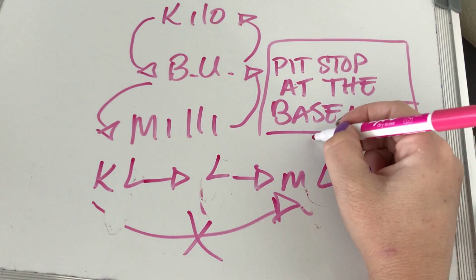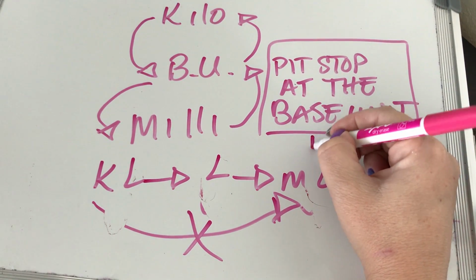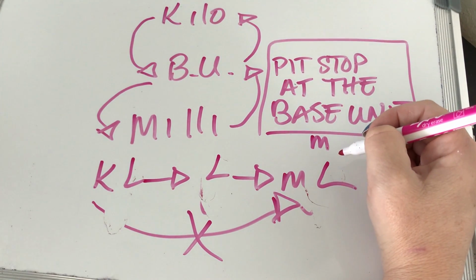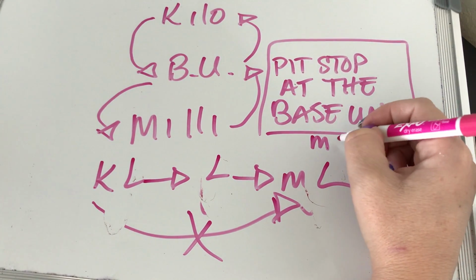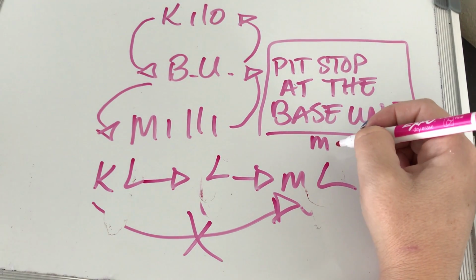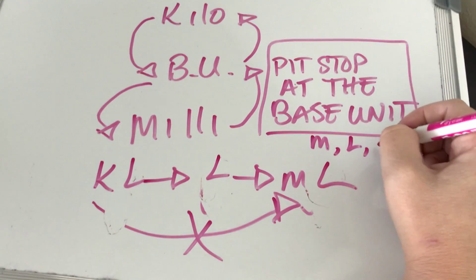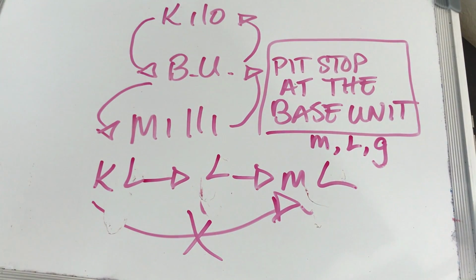Oh, those are my 3. What happened to the C? C is not a base unit. That's centi. Oh, okay. So meters, liters, and grams are going to be your main base units. Cool.